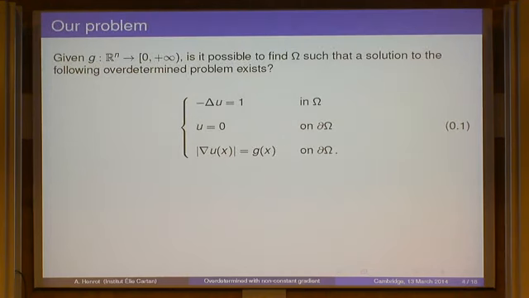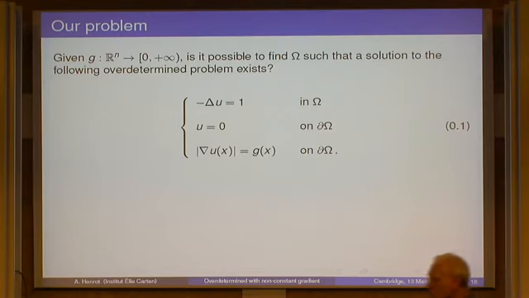Okay, so our problem is the following. We consider a given g, which is with positive value, and the question is, can we find a domain omega such that there is a solution for this overdetermined problem?